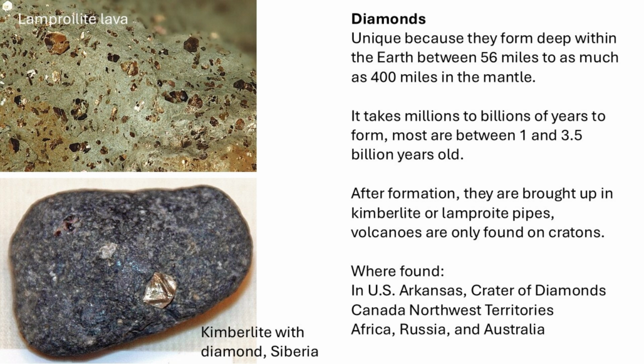So after they're formed deep inside the mantle, then the circulation occurred where that magma that held these diamonds began to move towards the surface of the earth. And they came up to the surface in conduits or pipes that are called kimberlite or lamproite pipes.